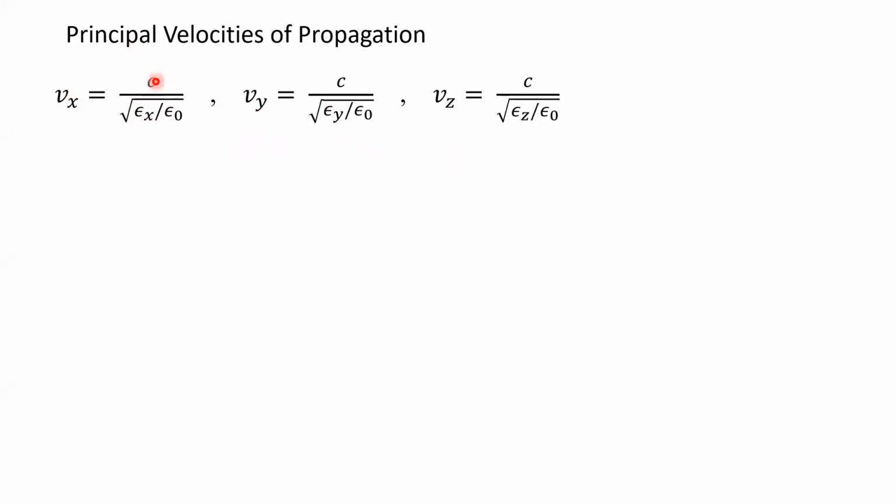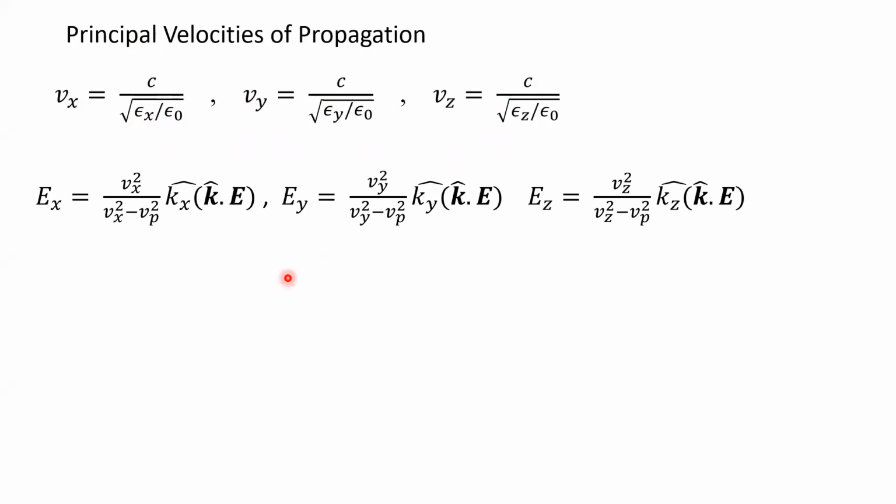Basically, they are the ratios of these quantities to the speed of light. And you can write down the same equation in terms of these principal velocities along the 3 principal axes, and here you have the phase velocity.